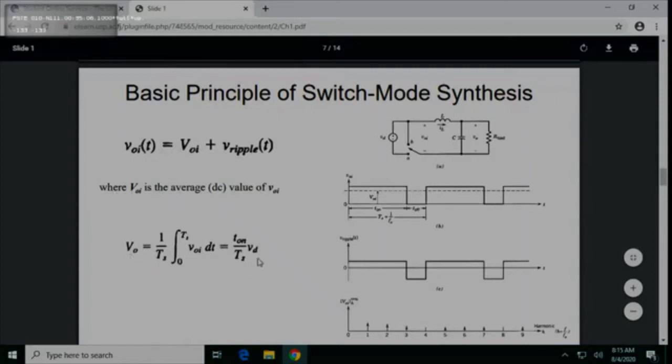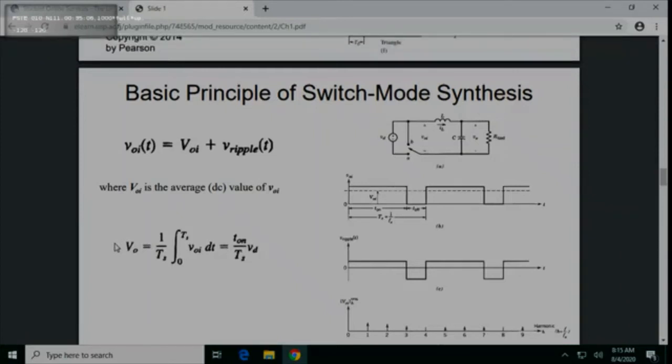And then if you want to know the output voltage, you are going to use this formula: 1 over Ts, and then integrate from 0 to Ts. Ts is the sample time in one sample, for example from here to here, 1 over Fs. You will integrate VO over the whole Ts, and you will find your VO. And in another case, it is just T on over Ts.